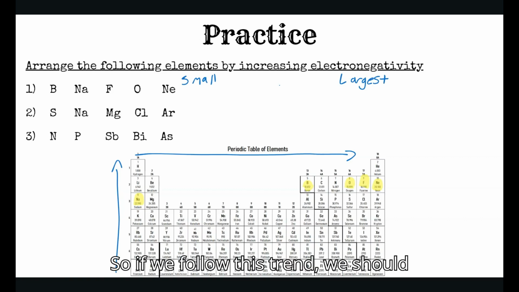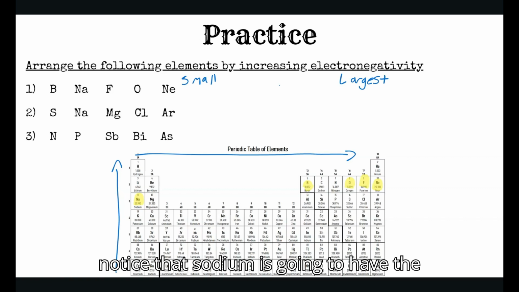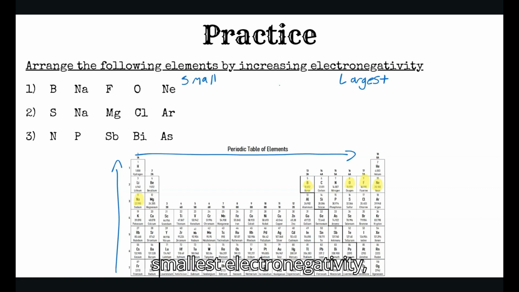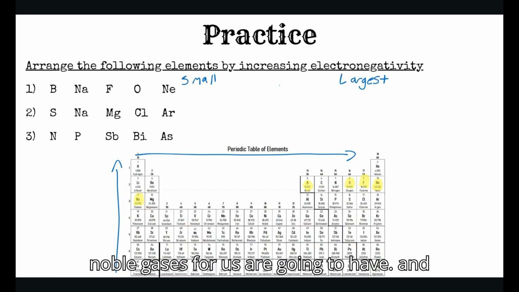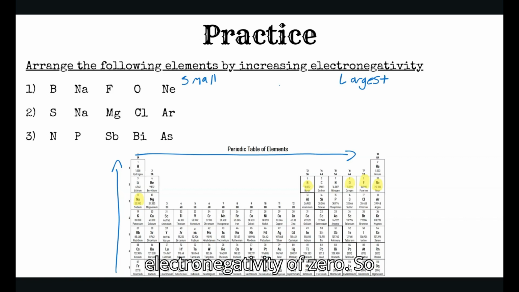If we follow this trend, we should notice that sodium is going to have the smallest electronegativity. But we have to remember the noble gases. The noble gases for us are going to have an electronegativity of zero. So in this case, our neon is going to have the smallest electronegativity.